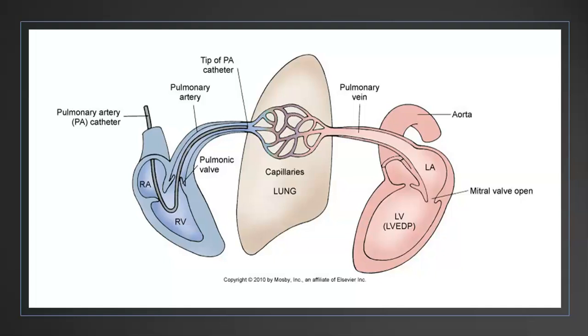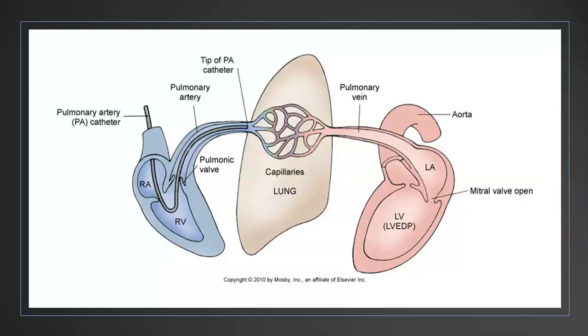Okay. Right ventricular preload is measured using the right atrial pressure or central venous pressure, okay? So during ventricular diastole, that tricuspid valve is open, pulmonic valve is closed. Right atrium is a low pressure chamber. With the tricuspid valve open, pressures inside that right atria and right ventricle equalize during diastole.